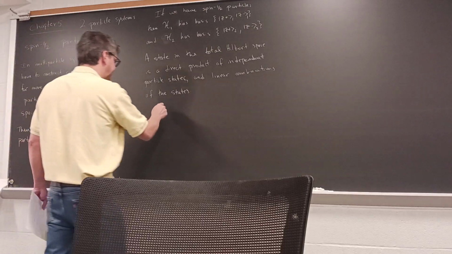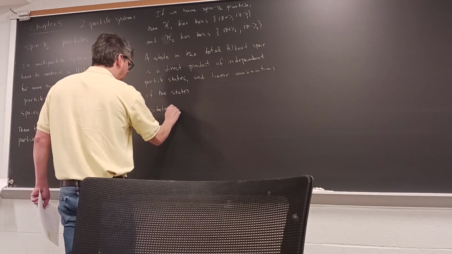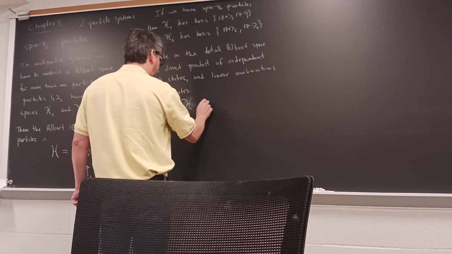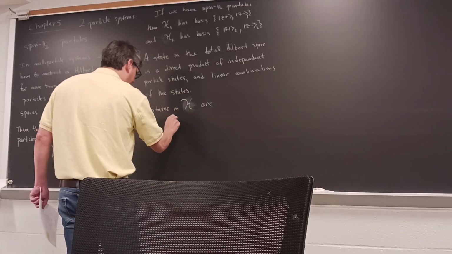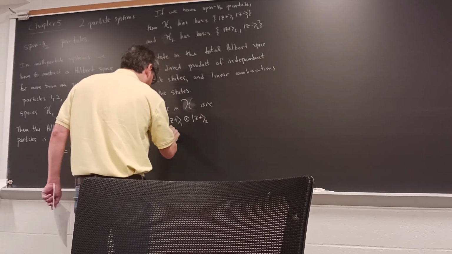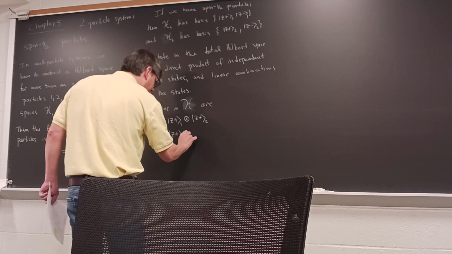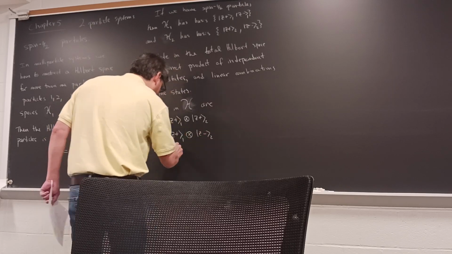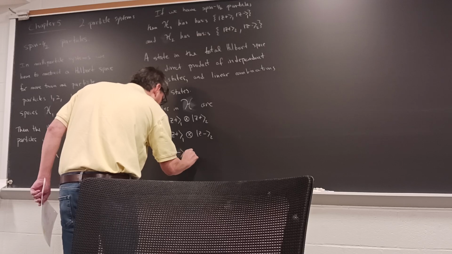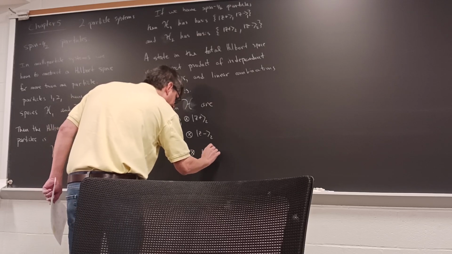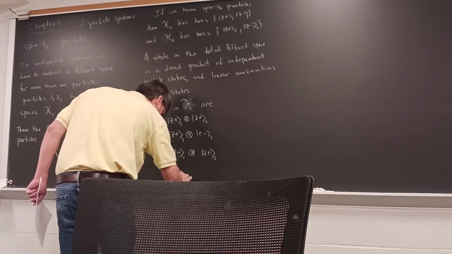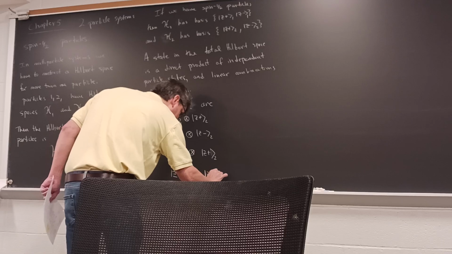Okay, so the states in the total Hilbert space are Z plus 1 cross Z plus 2, Z plus 1 cross Z minus 2, Z minus 1 cross Z plus 2, and Z minus 1 cross Z minus particle 2.